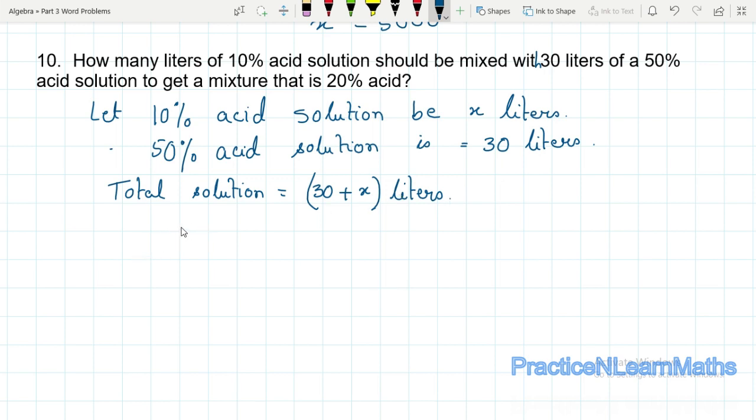The equation comes to 0.1x plus 0.5 times 30 is equal to 0.2 times (30 plus x).